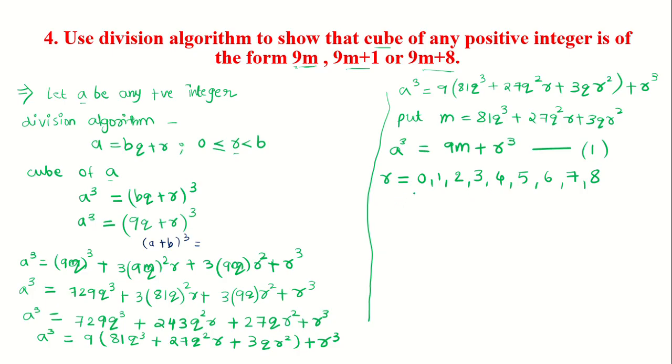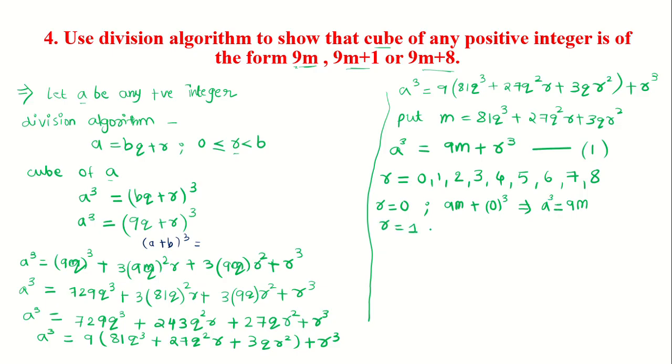Now we find the forms mentioned in the question by substituting these possible r values in equation 1. From equation 1, when r equals 0, a cube equals 9m plus 0 whole cube, what will you get? 9m.